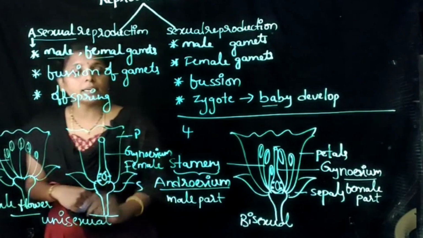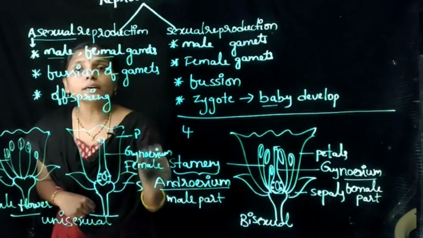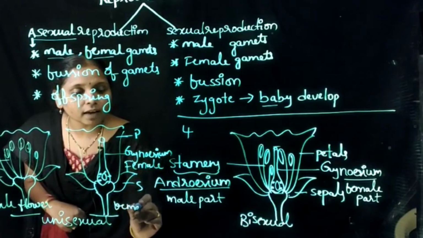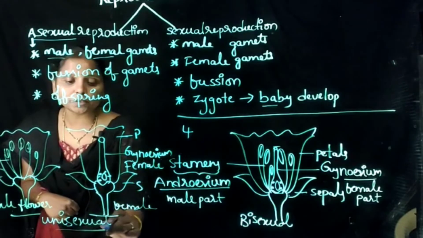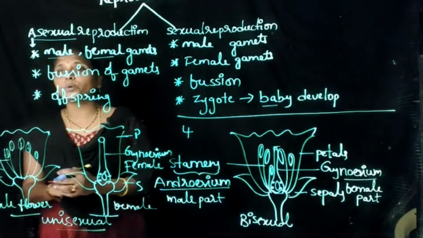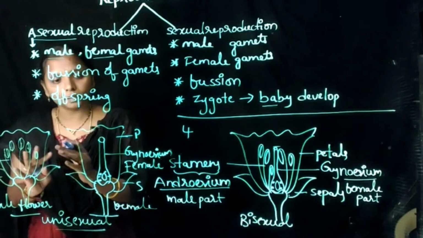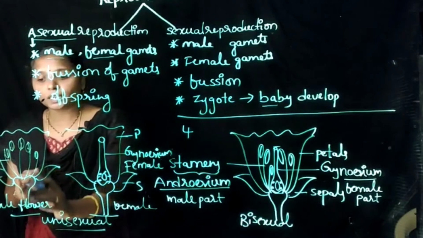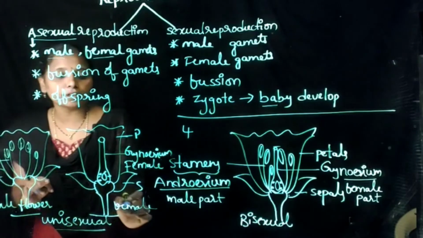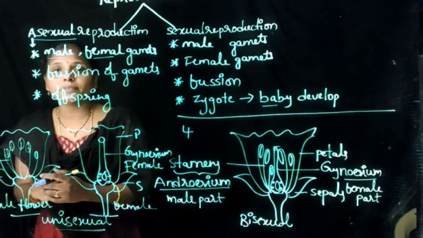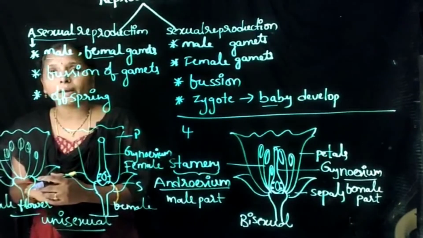Here in this it contains only the gynoecium, so that's why we can call it a female flower. Unisexual flowers means having only one sexual part of the flower. So that's why here we can see male flowers and female flowers. An example of these male and female flowers we can see in the papaya plant.